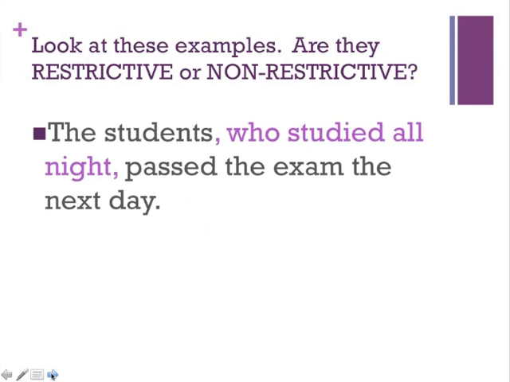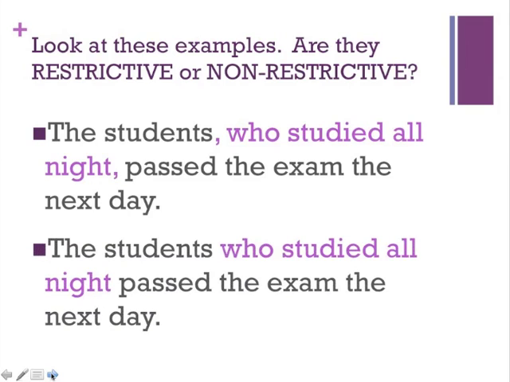Okay, now we got 2 more, and I'm actually going to bring them both up at the same time, because if you notice, they have exactly the same words, but one is slightly different from the other. Let's see if you can identify how they're different. So take a moment and look at the screen. Do you see the difference? In the first example, we have commas.